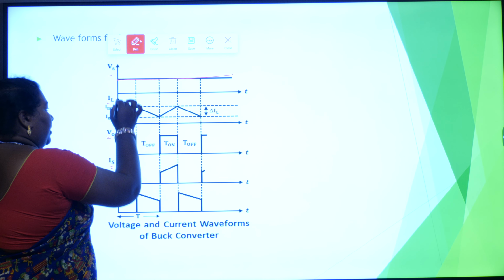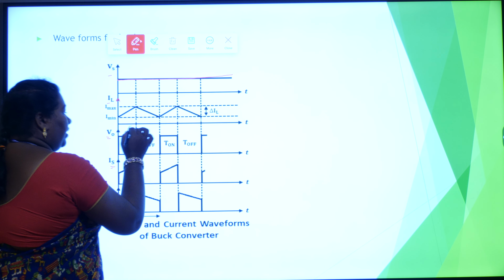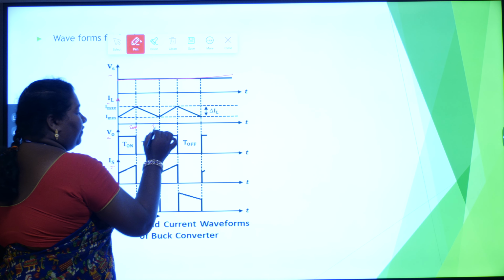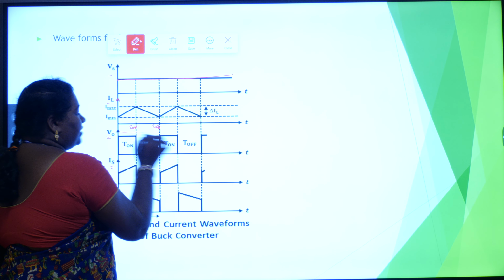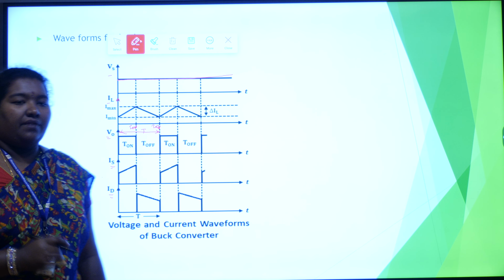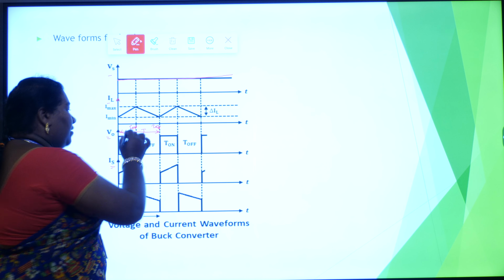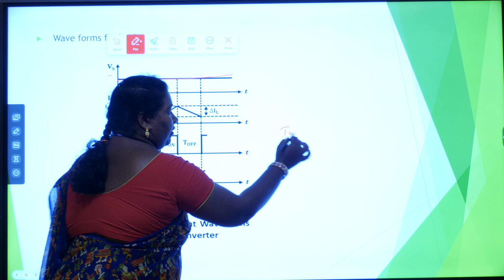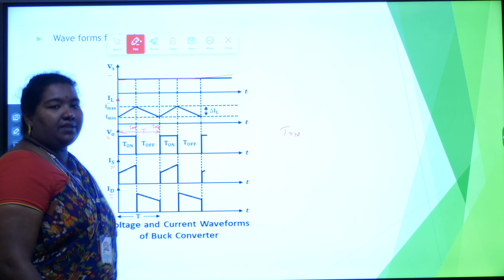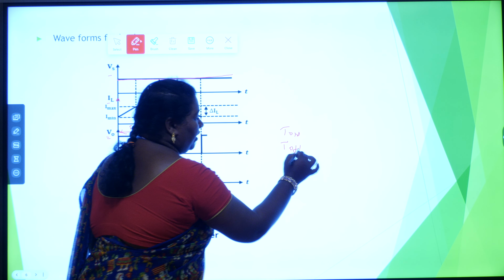As we know, there is T on and T off. When we consider one cycle, the total time period is T. The time period when the chopper is in on state is called T on, and when the chopper is in off state it is called T off.